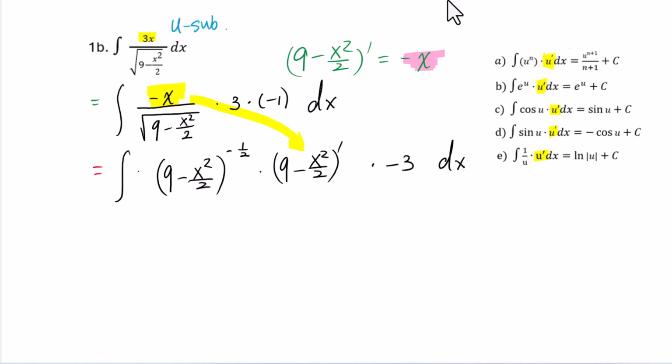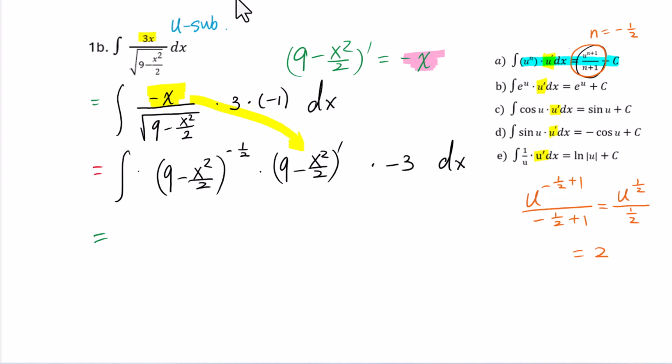We will use this formula. Let's work out this when n equals negative 1/2. u to the power of negative 1/2 plus 1, over negative 1/2 plus 1. Simplify: u to the power of 1/2 over 1/2, which is 2 square root of u.